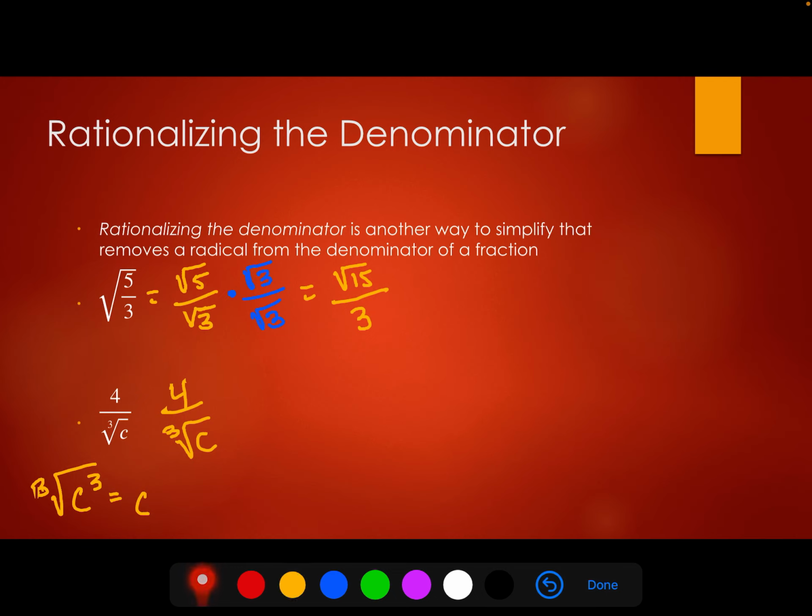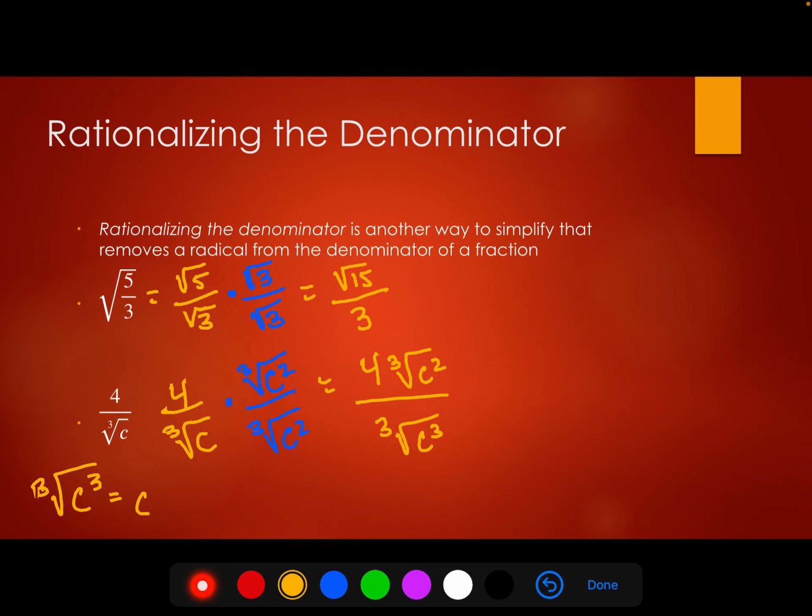So in order to do that, we're going to have to multiply our numerator and denominator by the cube root of c squared. So we go ahead and we do that. Now, when we do that, we have 4 times the cube root of c squared in our numerator, and in our denominator, we have the cube root of c cubed.